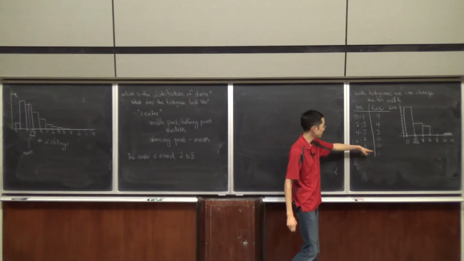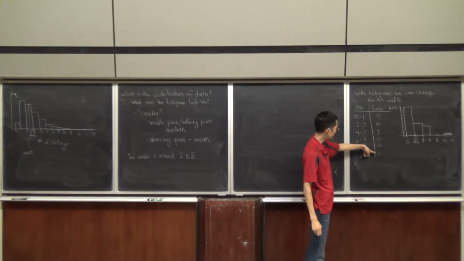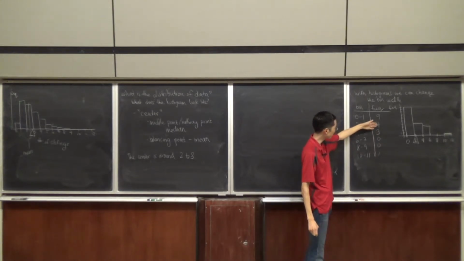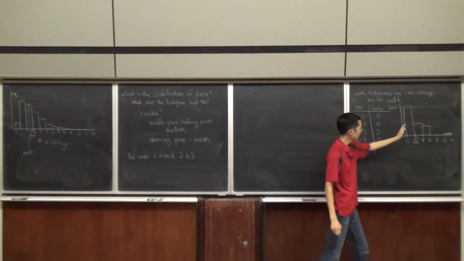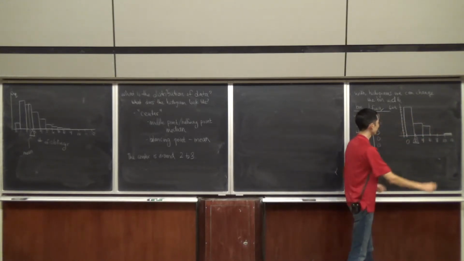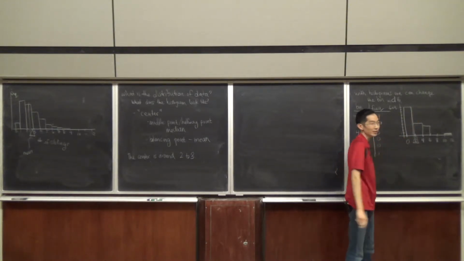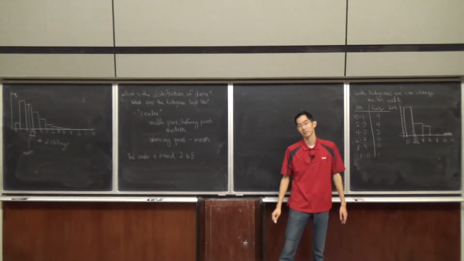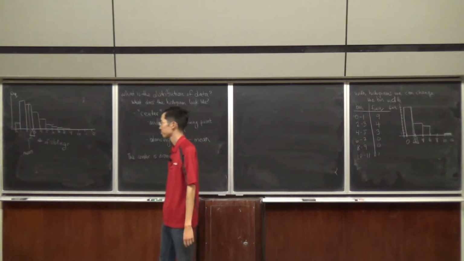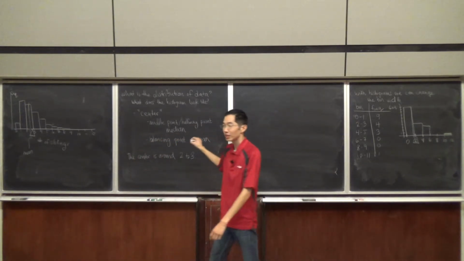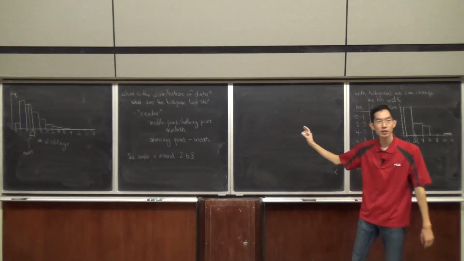It's a little easier to count the halfway point. I've got 1, 3, 4. I've got a total of 8 people past here, and I've got 9 people past here. So my halfway point would be just a tiny bit to the left of 2. That's the concept of center here, okay?